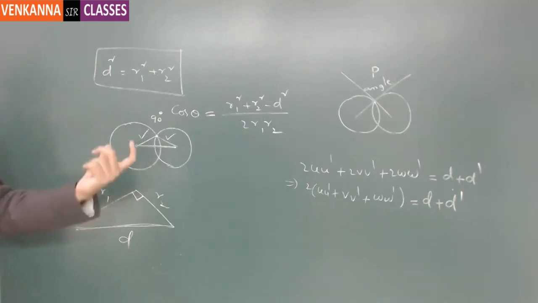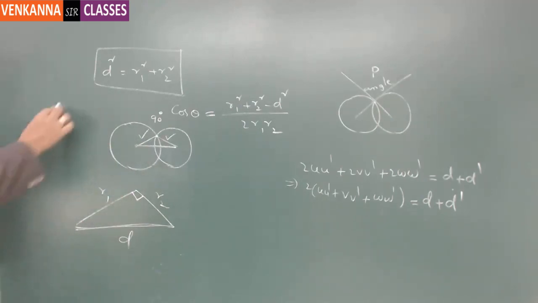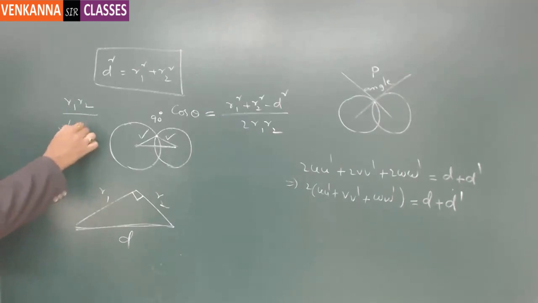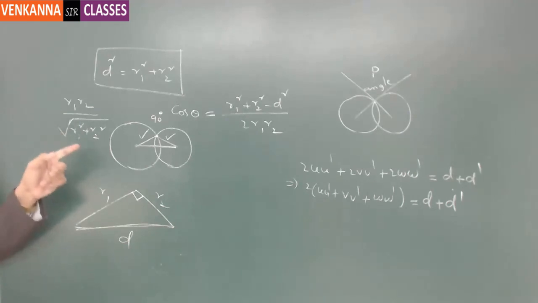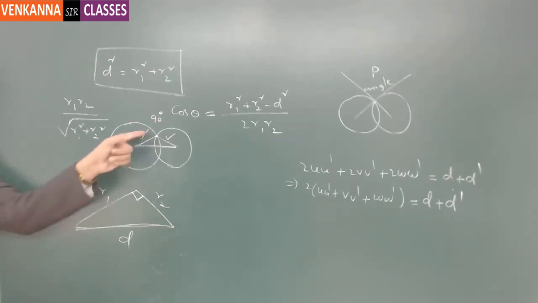So its radius formula is nothing but r1 r2 by square root of r1 square plus r2 square. So this formula we use to calculate the radius of the circle when two spheres intersect orthogonally. That was the condition.